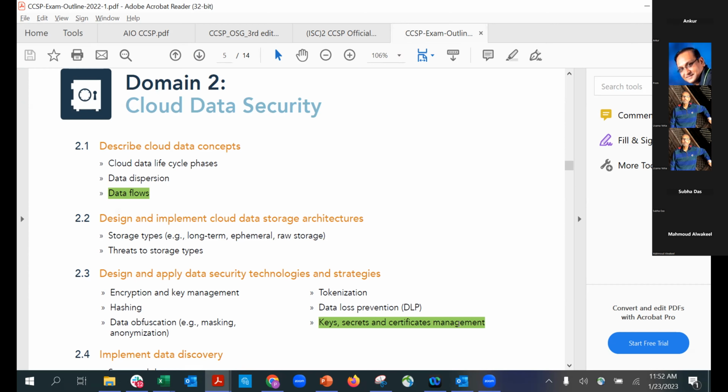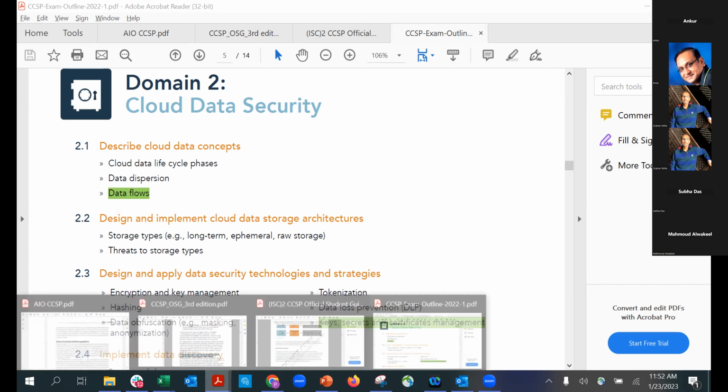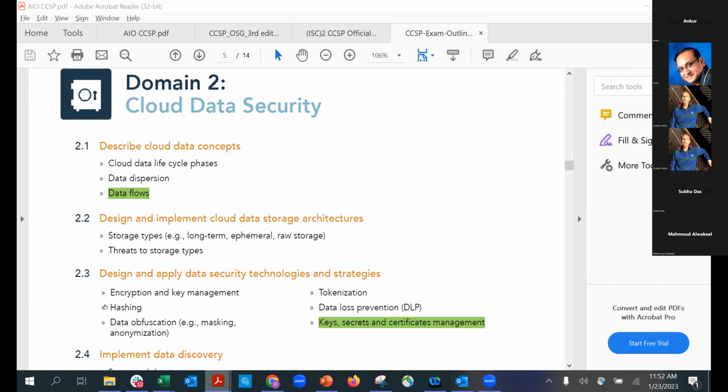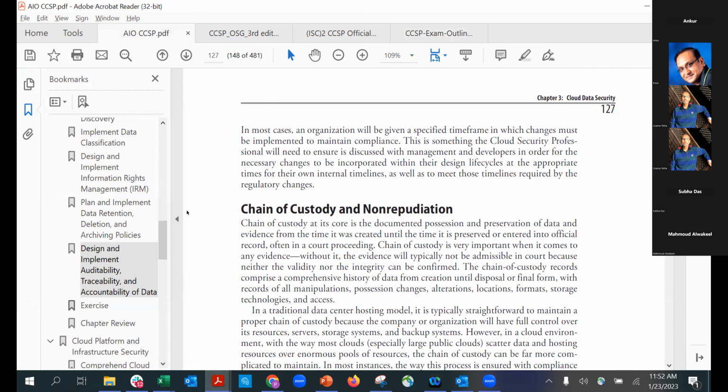About the keys, we spoke about the key and key management, but secrets and certificates management, we did not speak about. And even the AIO book, what I found, sir, does not talk about it. So I think Daniel Carter in this book has missed it completely from the learning objective. So I wanted to point this out to you.